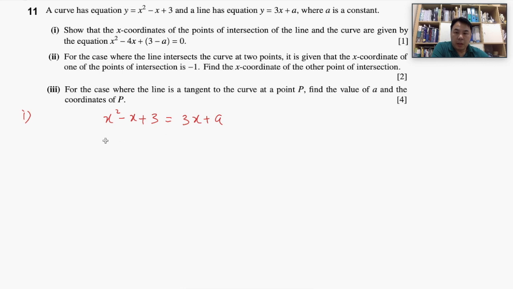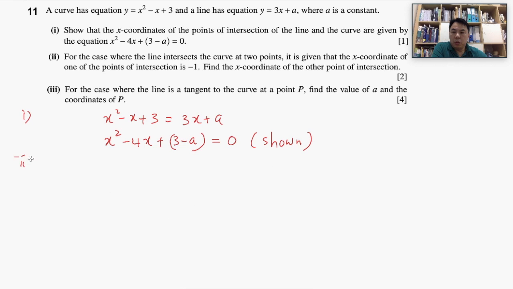Okay. And then if we rearrange that, we will have x squared minus 4x plus 3 minus a equal to 0. So since they are intersecting, the x coordinate of the point of intersection of the line and the curve is given by this. Yeah, so this has been shown.